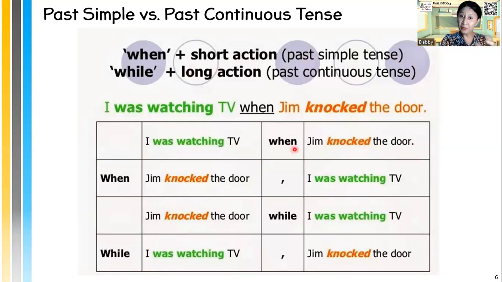Or you can put when first: when Jim knocked the door, I was watching TV. Or: Jim knocked the door while I was watching TV. Or put while at the front: while I was watching TV, Jim knocked the door.